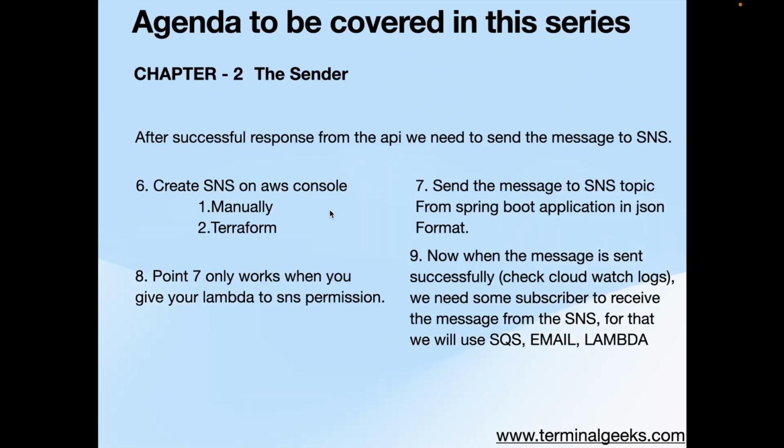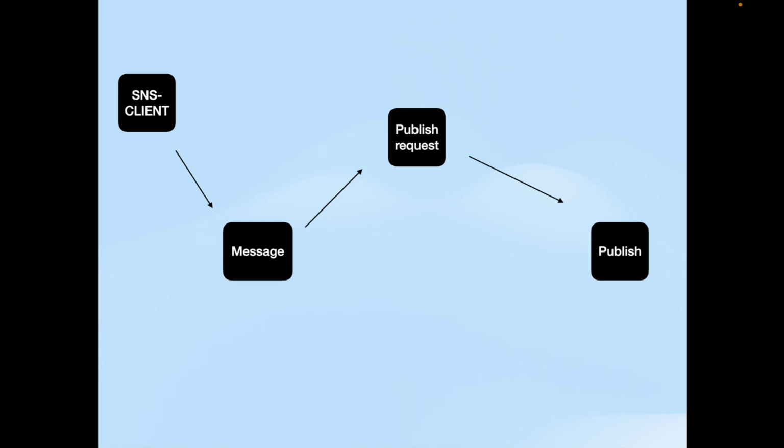To configure our Spring Boot application and SNS, we are going to follow these four steps. The first step is to create the SNS client, which requires one dependency to be added to the POM file in the Spring Boot application.